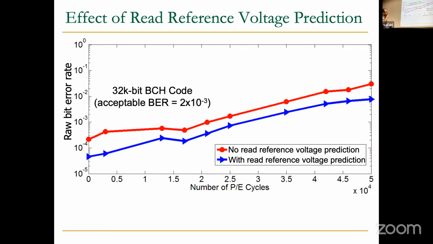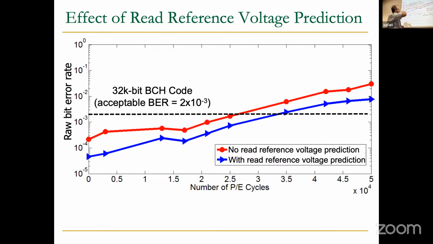As a result, if we consider that the acceptable bit error rate is 2 times 10 to the power minus 3, which is a bit higher than what I said, but it depends on how strong your ECC technique is, right? You can draw a line there.